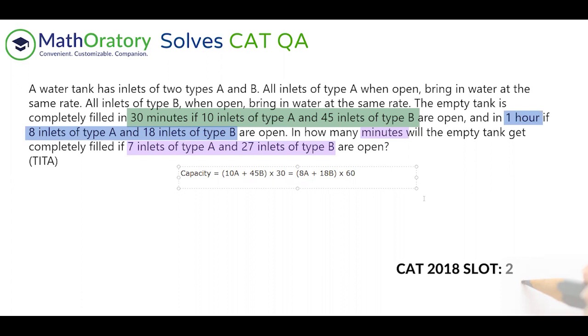First, let us work on this relationship. Hopefully you can do this mentally, but I'll write it down. 10A plus 45B must be equal to (8A plus 18B) times 2, because 30 and 60, 30 goes off.